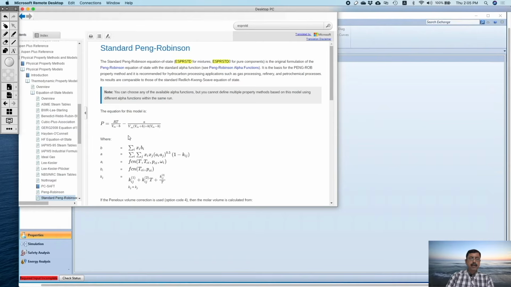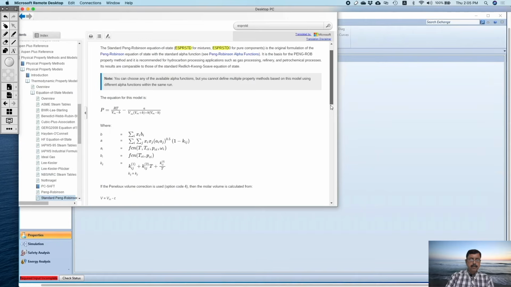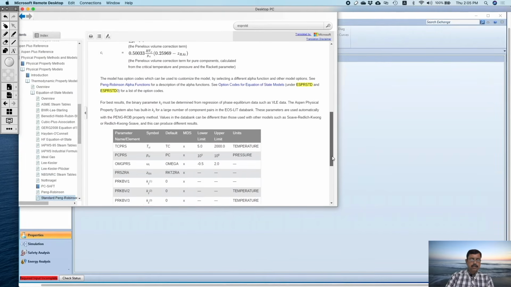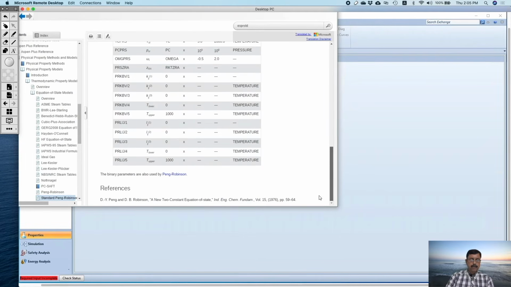So basically, Aspen Plus is using this model to do the property calculation. And this model has been taken from this journal paper, Peng-Robinson, a new two-constant equation of state, which was published in Industrial Engineering Chemistry Fundamentals in 1976.